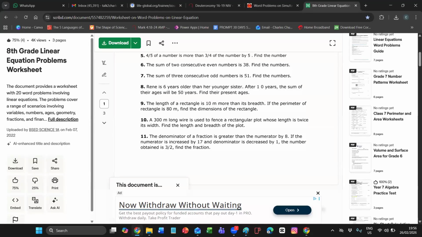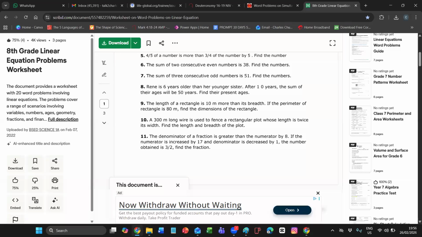The denominator of a fraction is greater than the numerator by 8. If the numerator is increased by 17 and the denominator is increased by 1, the number obtained is 3 over 2. They now asked us to find the fraction. So this one is quite interesting. They came at it with a twist of fractions.